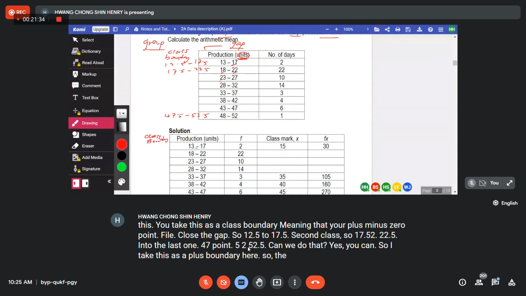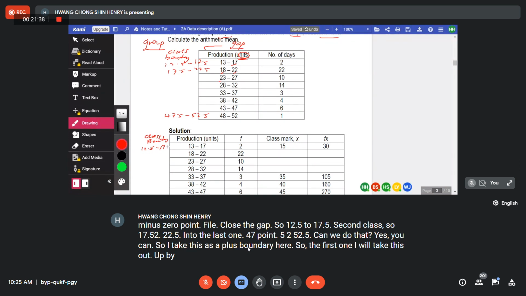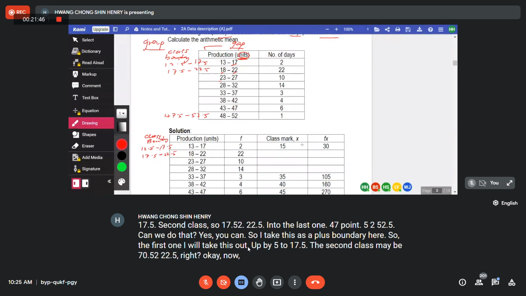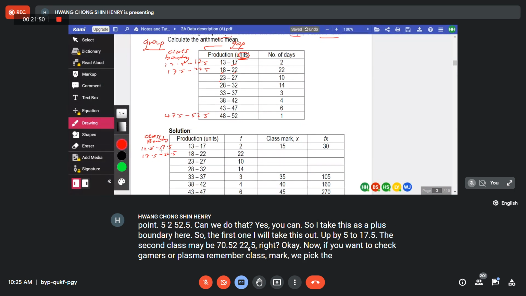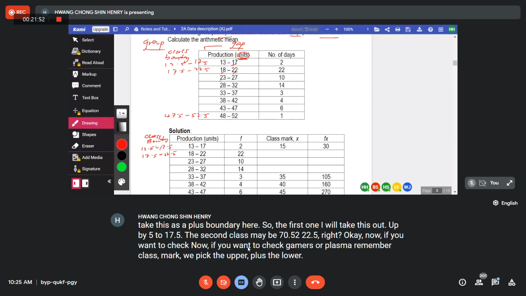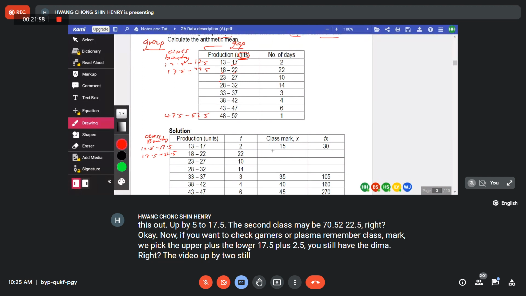So I take this as a class boundary here. The first one, I will take this 12.5 to 17.5. The second class maybe 17.5 to 22.5, right? Now if you want to check again what's your class mark, remember class mark, we take the upper plus the lower. 17.5 plus 12.5, you still have 30, right? 30 divided by 2 still 15 also.